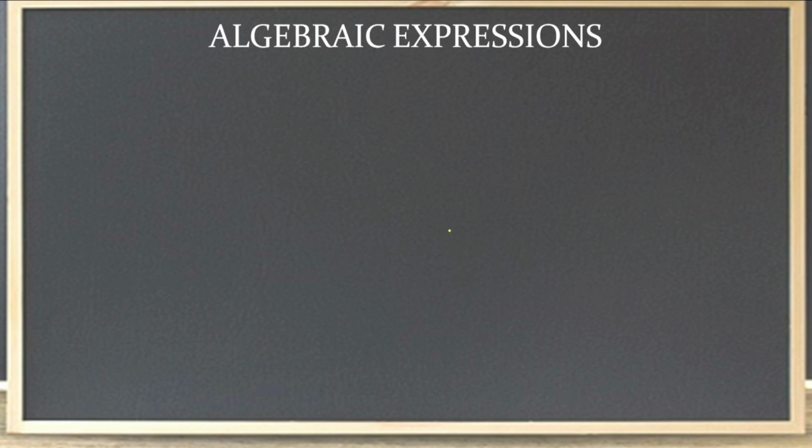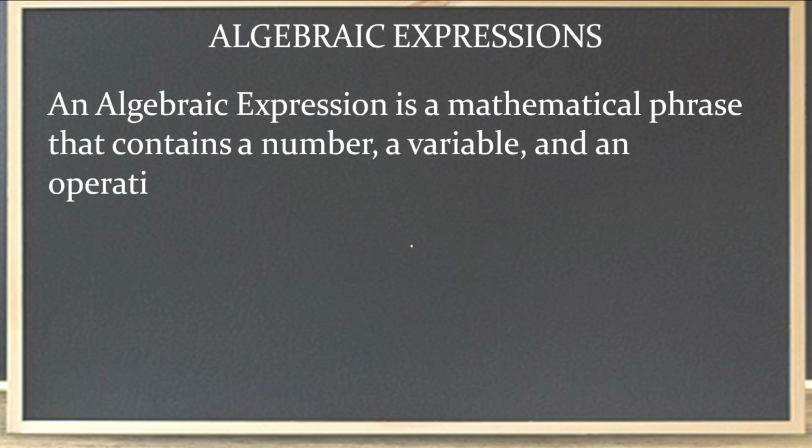Okay, so let us start. An algebraic expression is a mathematical phrase that contains a number, a variable, and an operation. So I guess you have usually been saying mathematical expressions of such.